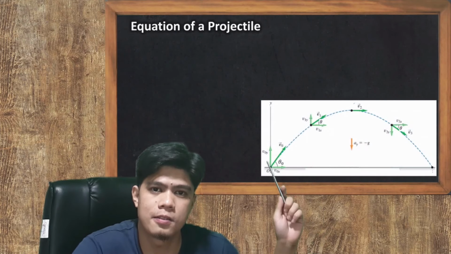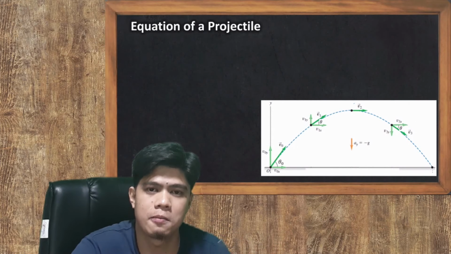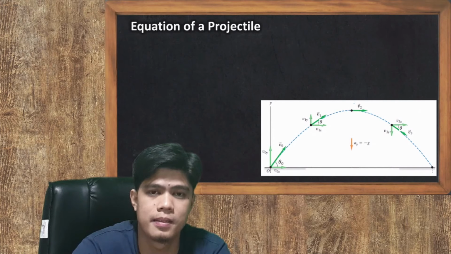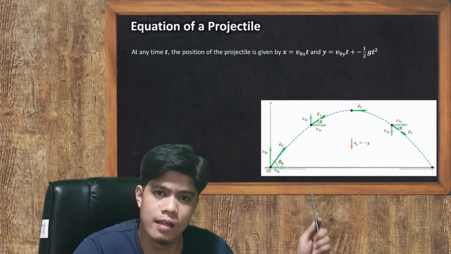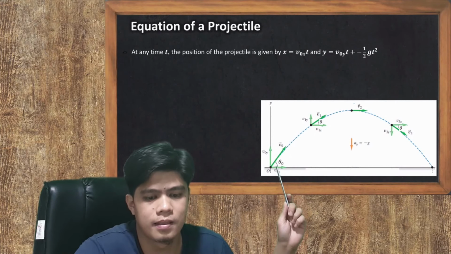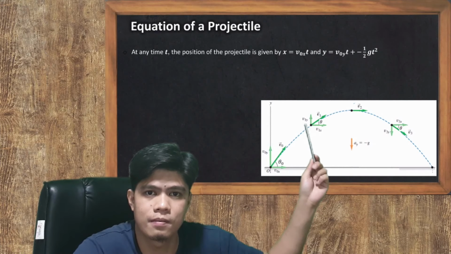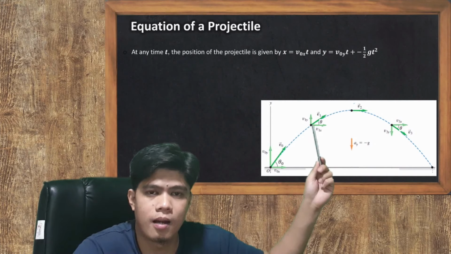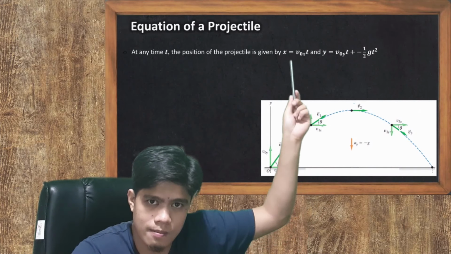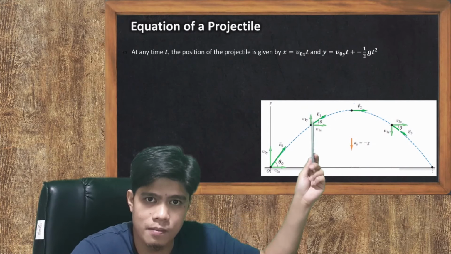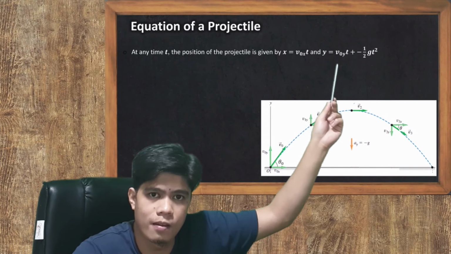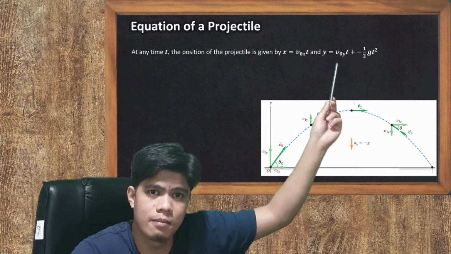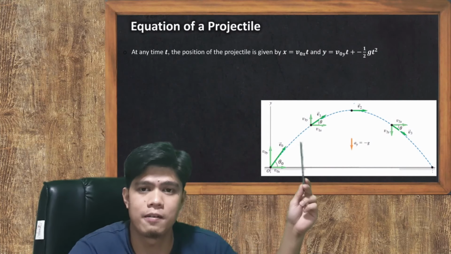So we all know that the trajectory of a projectile motion is a parabola, so we will expect that our equation is a parabola. And at any given time, the position of the projectile, for example here, our x is determined by the initial velocity along x times time, and our y is determined by the initial velocity along y times time minus 1/2 gt squared.